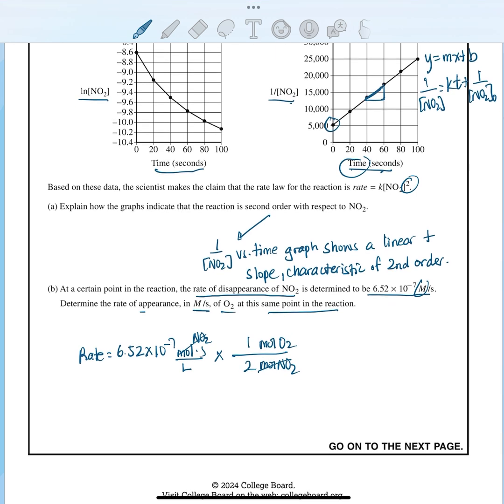So mole cancels out with mole, and my rate will be expressed to 3 sig digs: 3.26 times 10 to the negative 7 moles of O2 per liter per second, which I'll just change the unit. So this is the same thing as 3.26 times 10 to the negative 7 capital M O2 per second.